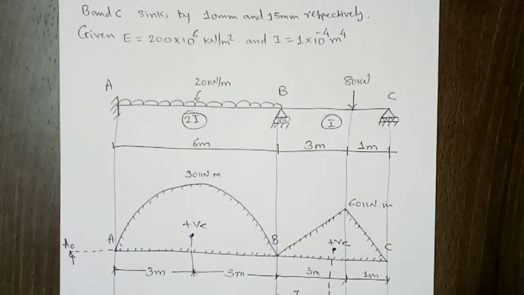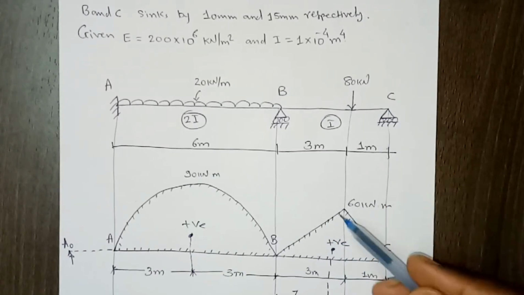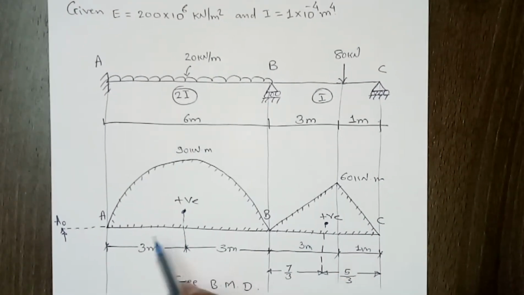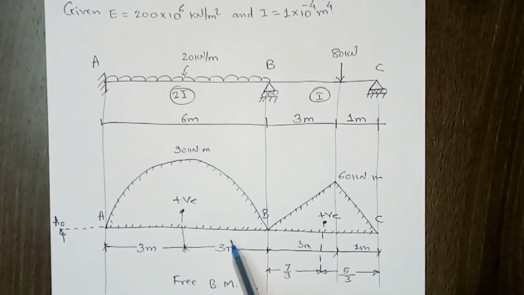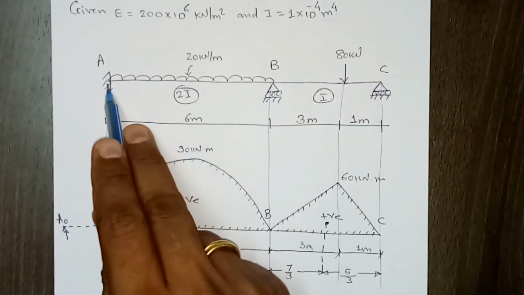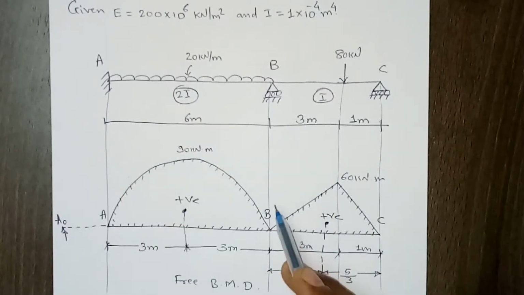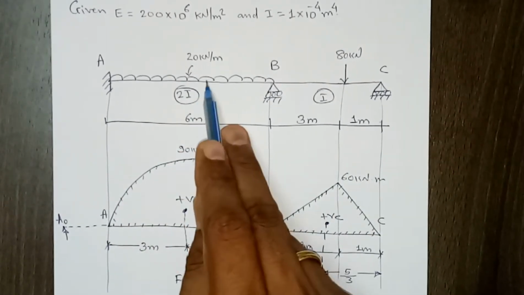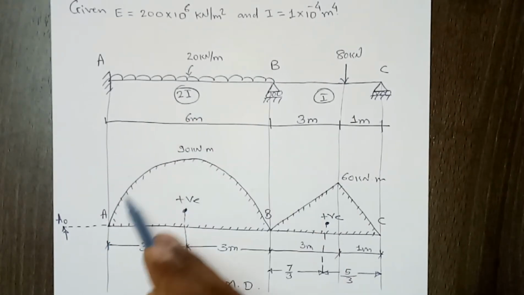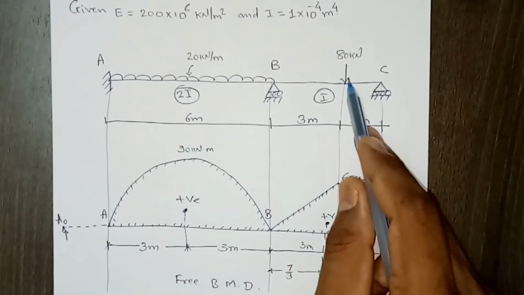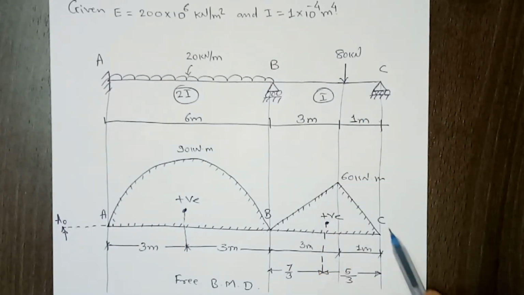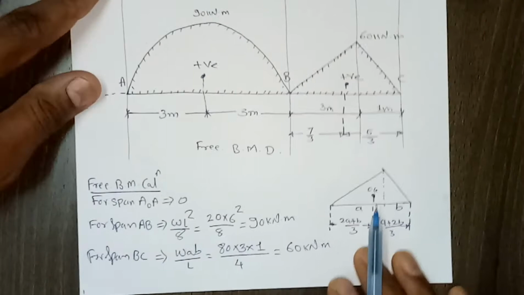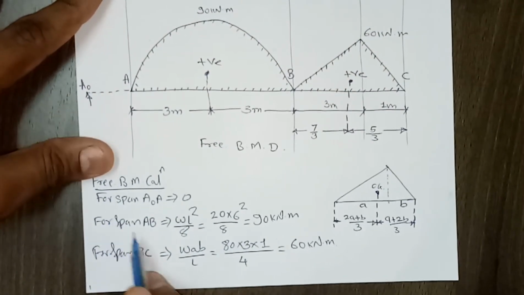You already know that to solve this problem we first have to plot the simply supported or free bending moment diagram, in which we consider each span as simply supported, and then plot the bending moment diagram for the given load. For this UDL you'll typically get a parabola, and for the point load you'll get a triangular diagram. Here you can see we have calculated the maximum bending moment.